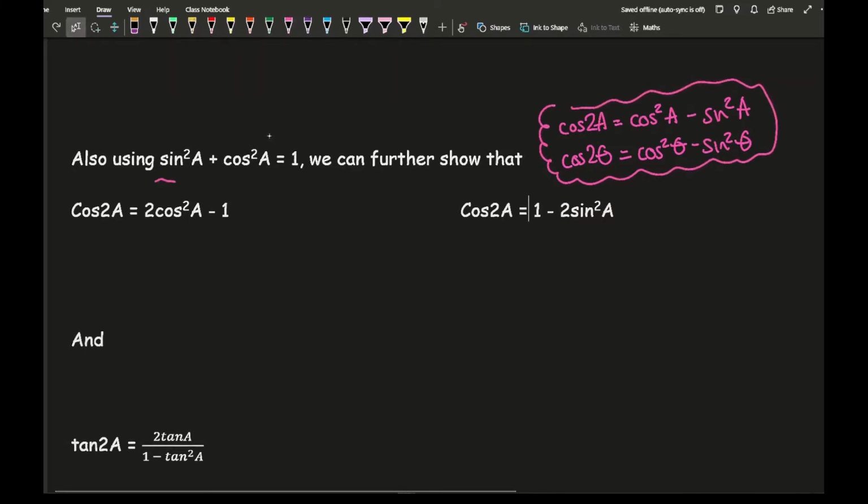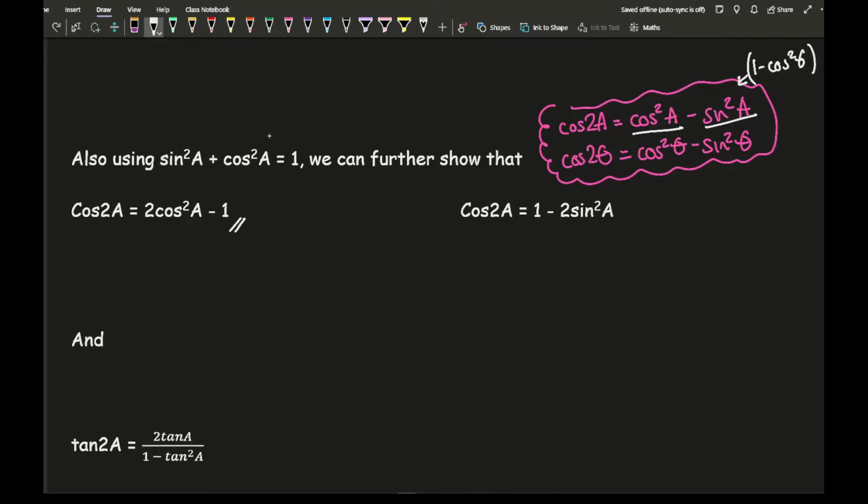Now if I took either of those two, whether working in A's or theta, I can then derive, using our trig identity of knowing that sine squared A plus cos squared A equals 1, that if I replace the sine squared theta with 1 minus cos squared theta in brackets, then what I would end up with is this here.